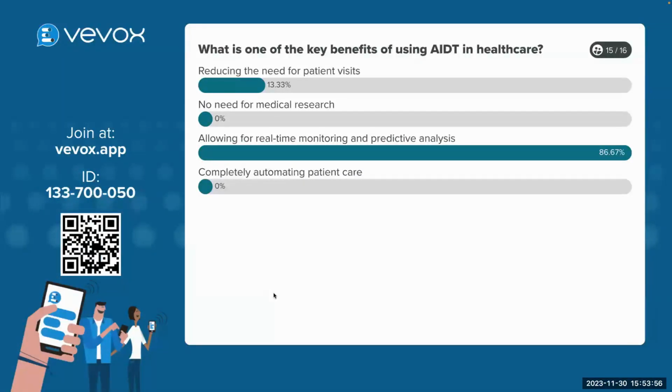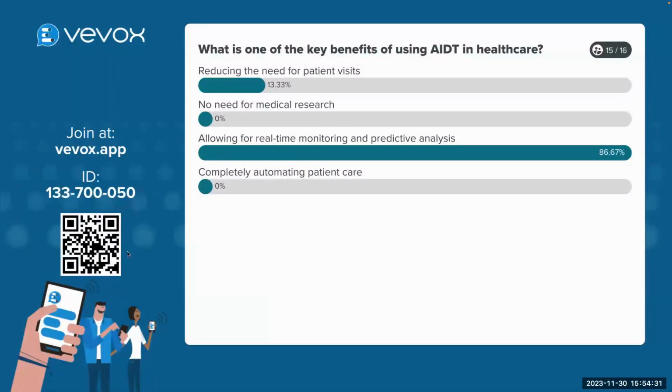For example, if you have enough data from the patient and your AI machine learning algorithm, your AI digital twin solution, can detect some symptoms from the data, it can advise the patient. We can even have a human in the loop, so healthcare professionals can also apply some feedback. Yes, definitely, it can reduce the need for patient visits.